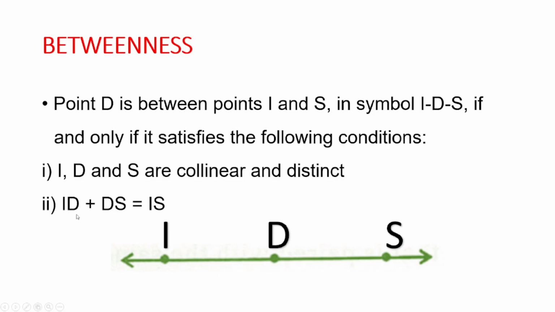And the second one is if you add the distance from I to D and D to S, that's distance ID plus distance DS, that is just distance IS. That's the second condition, class, for it to be considered that the point D is really between the other two, which in our case are points I and S.